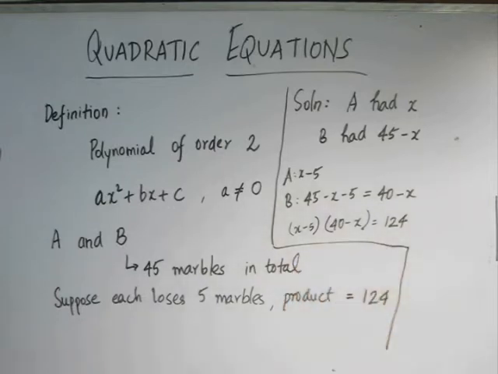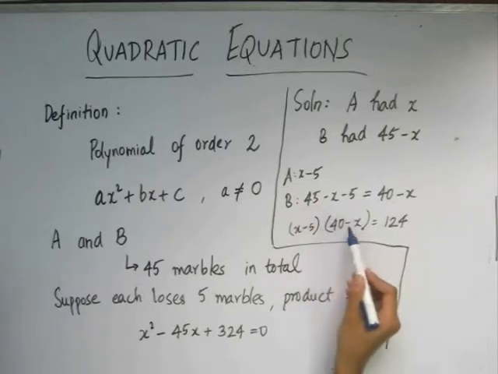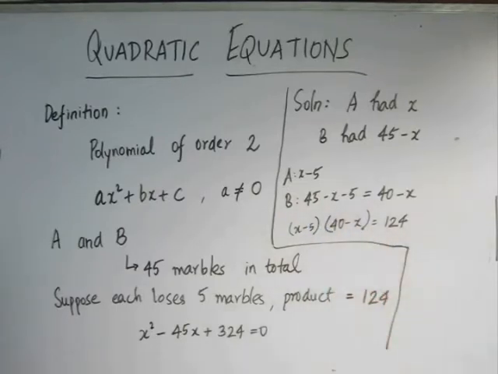By expanding this using the product of each particular term, we will get a corresponding quadratic equation described as x square minus 45x plus 324 equal to 0. This is obtained by multiplying each term: 40x minus 5x minus x square minus 200 is equal to 124.